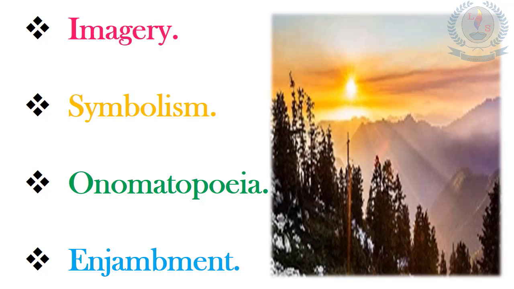So we have moved to the rest of the techniques of the poem "Out, Out". Let's read this first. You have to read with me. Imagery, symbolism, onomatopoeia, enjambment. The letter B is there in enjambment, but we don't pronounce it.